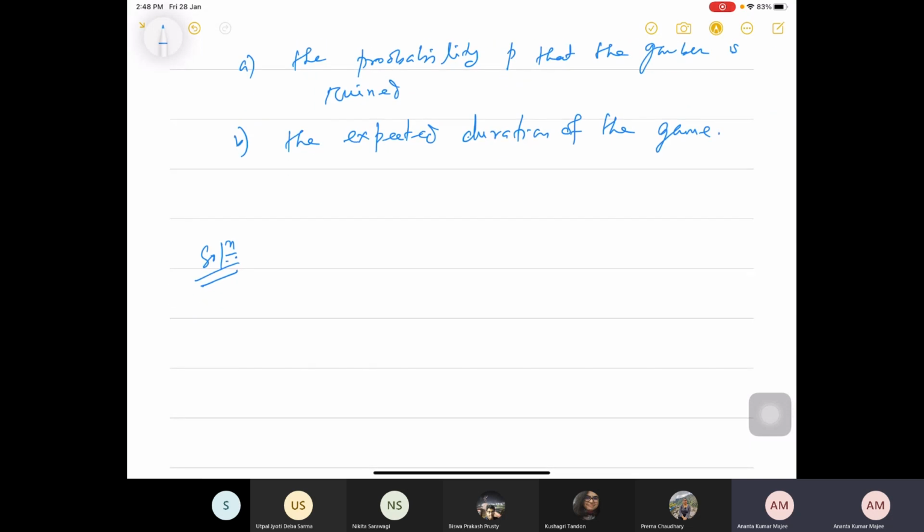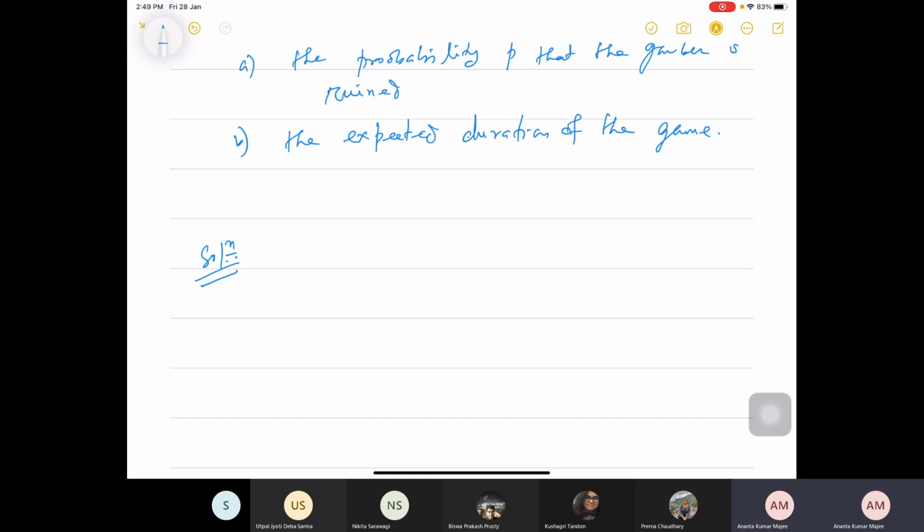Basically, think of Xi, which is the capital of the gambler at the end of round i. Then you will see that this Xi either increases or decreases by 1 in every round with probability half, is it not?